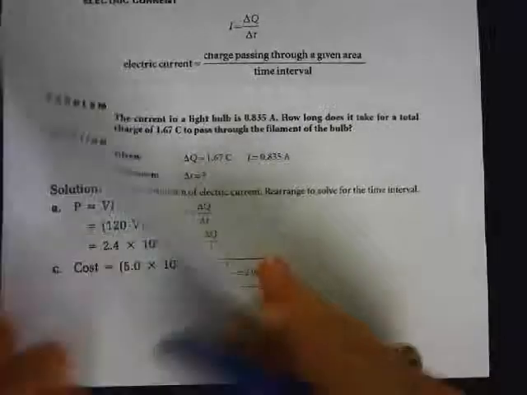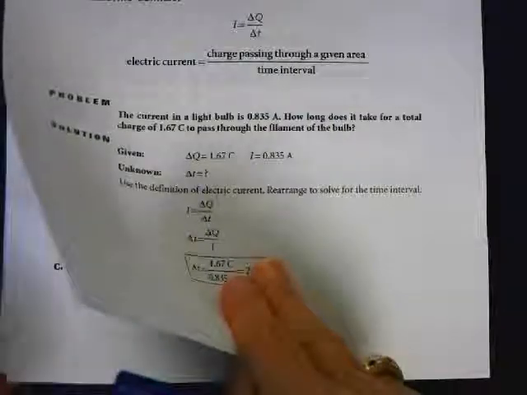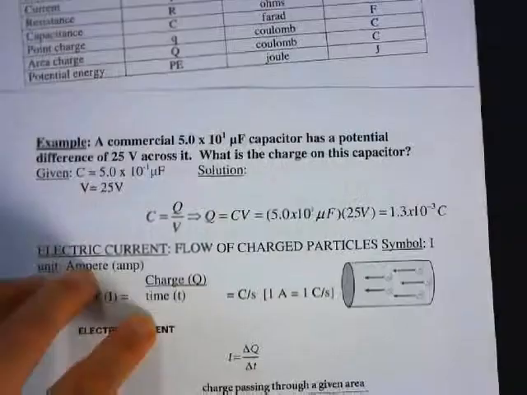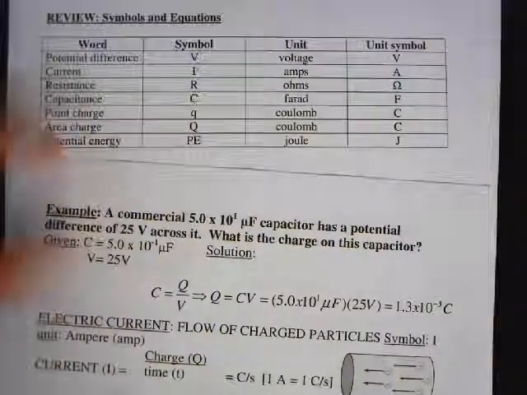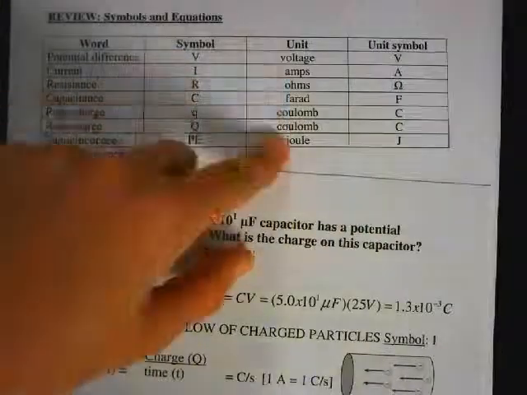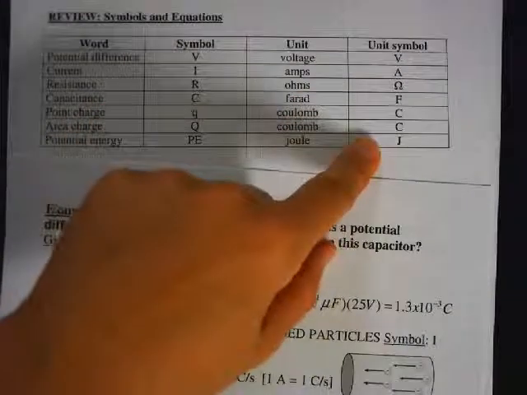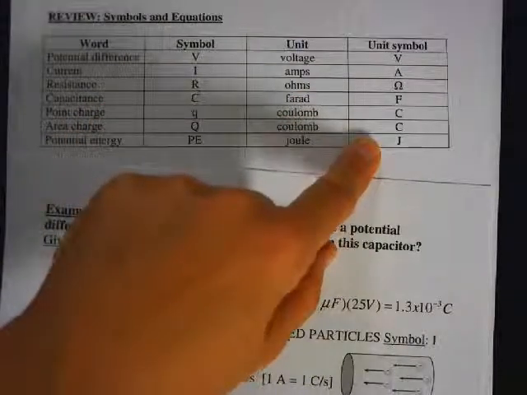And what I'm talking about is, if we flip to the end of the notes and we look here, this is the chart I'm talking about, where I have the word that we use to describe it, the symbol, what the unit is, and then the unit symbol. Okay?